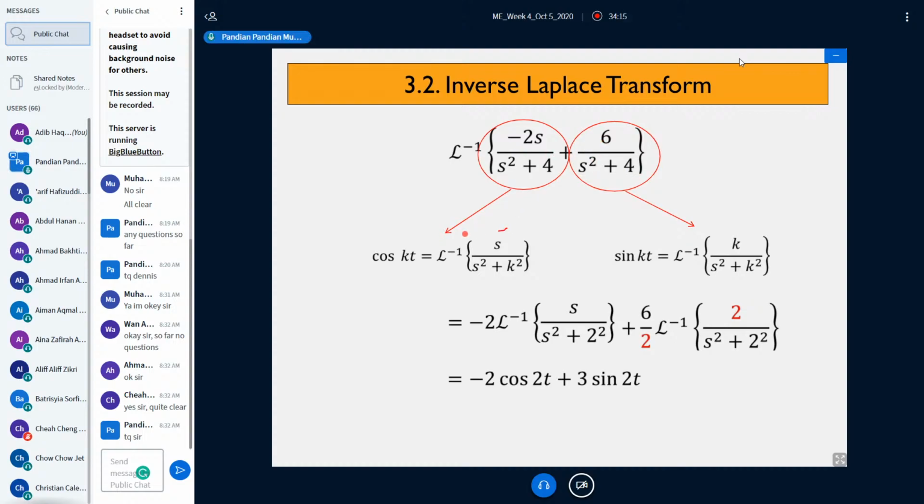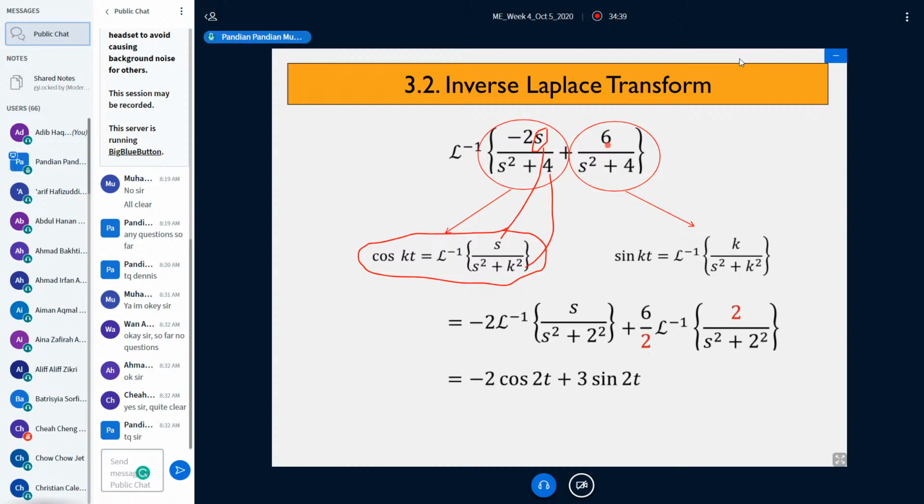For this, you must use a formula. From where does this formula come? This one is from the table: cos kt is the inverse Laplace of s over s squared plus k squared. Because this is s squared plus k squared and s is here, it is suitable, matching. K squared is 4.